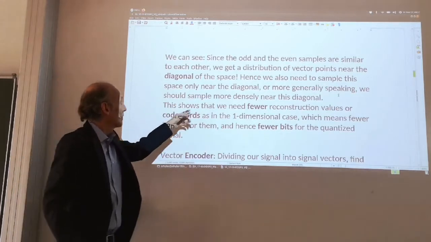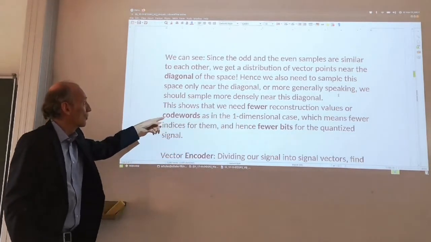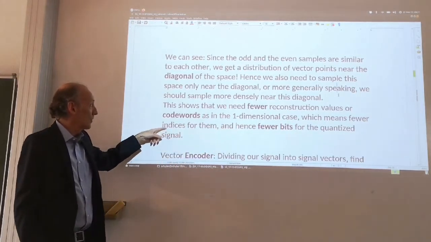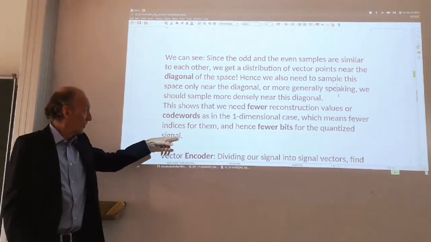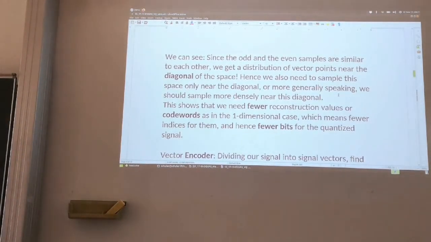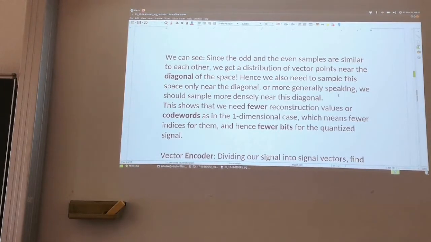So this shows that we need few reconstruction values or codewords as in the one-dimensional case, which means fewer indices for them, and hence fewer bits for the quantized signal. So we can have either finer resolution or fewer bits.